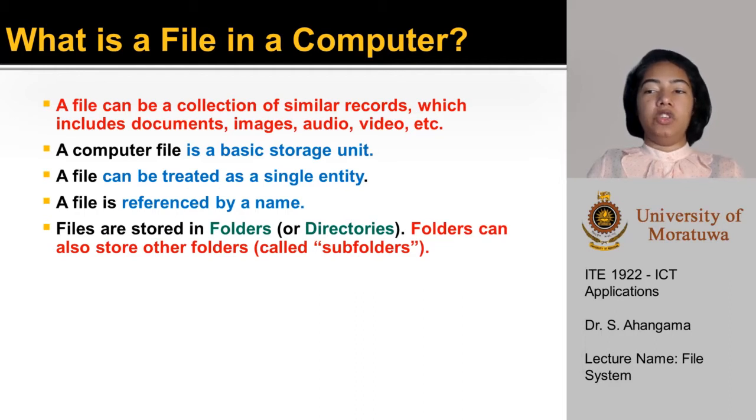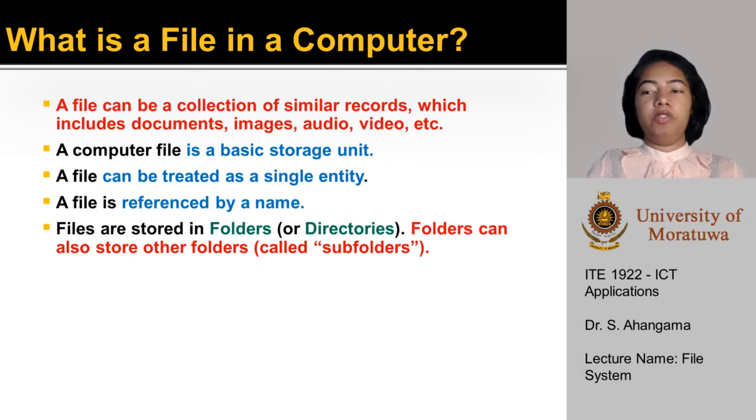A file in general is a sequence of bits, bytes, or records whose meaning is defined by the creator and users of that file. Every file has a logical location where it is stored and retrieved. A computer file is a basic storage unit. That is, a file is a container that stores programs and data.